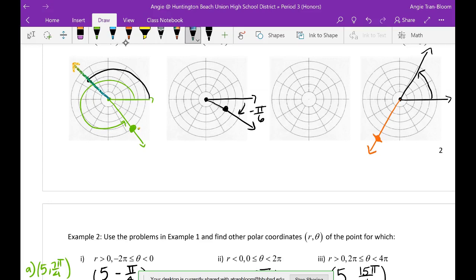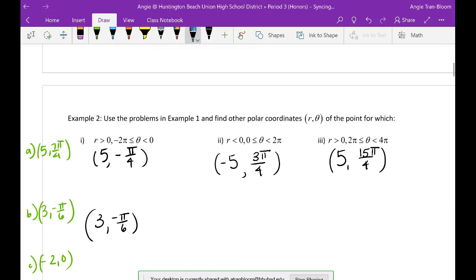So 5 pi over 6. Are you trying to tell me that I'm going to go right here? Yeah. Okay, that's 5 pi over 6. And then negative 3. Perfect. Okay. So negative 3, 5 pi over 6.